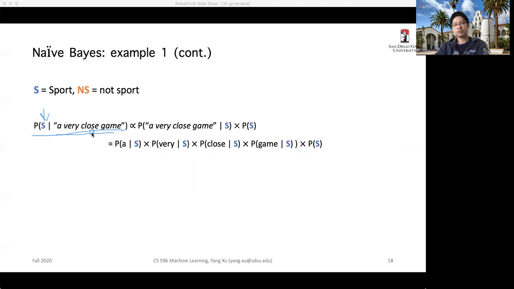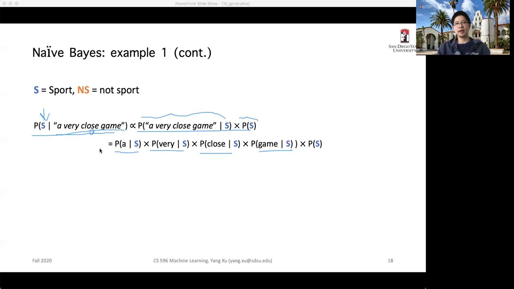These posterior probabilities can be rewritten according to the Bayesian rule, which is the likelihood times the prior. The likelihood is the probability of the sentence given the label. And by the naive Bayes rule, we can assume that these four words are independent. So we can use the probability of the word "a" given S times the probability of "very" given S, and so on.